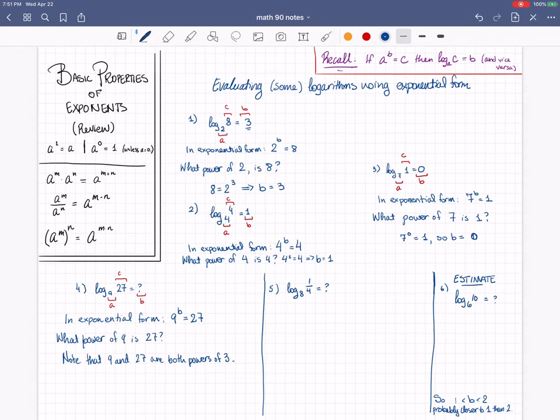So we can rewrite this question, 9 to the power b is equal to 27, using all threes. So 9 is 3 squared, and that's being raised to the power b. 27 is 3 cubed. And so in this case, it's handy to use this last property of exponents, which says that if you have a power of a being raised to another power, the powers just multiply.